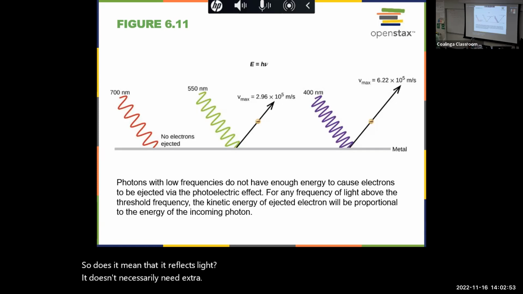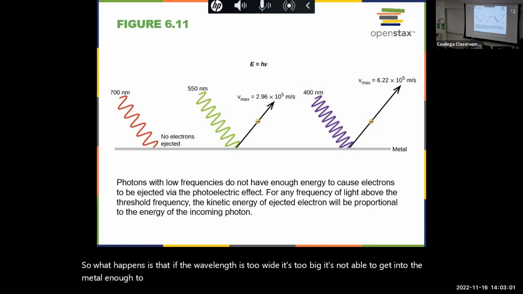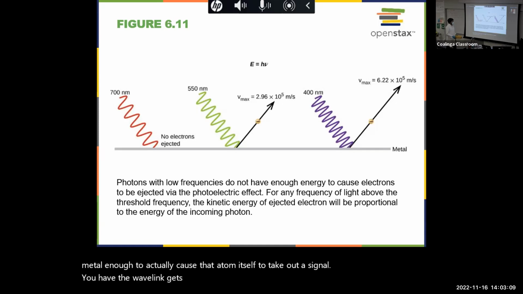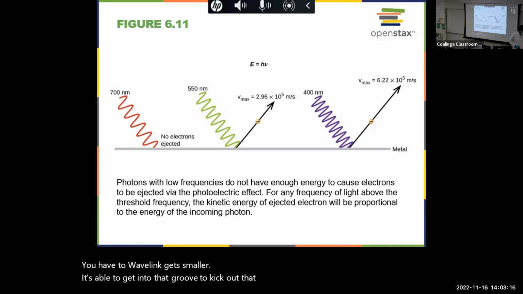So what happens is that if the wavelength is too wide, if it's too big, it's not able to get into the metal enough to actually cause that atom itself to kick out a signal. Okay. If the wavelength gets smaller, it's able to get into that groove to kick out that electron. But depending on how small it gets, it may not have enough room to get it.